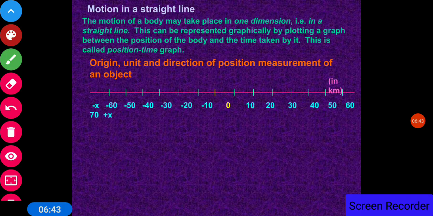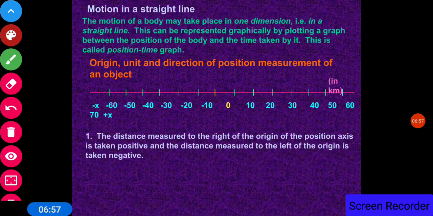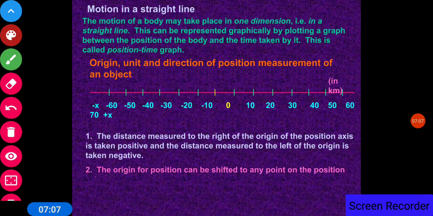Now this is a line where you can see different numbers written. 0 is the center point or the reference point. To the left of it, all the distances measured are taken negative, and to the right they are positive. So the distance measured to the right of the origin of the position axis is taken positive, and the distance measured to the left of the origin is taken negative.